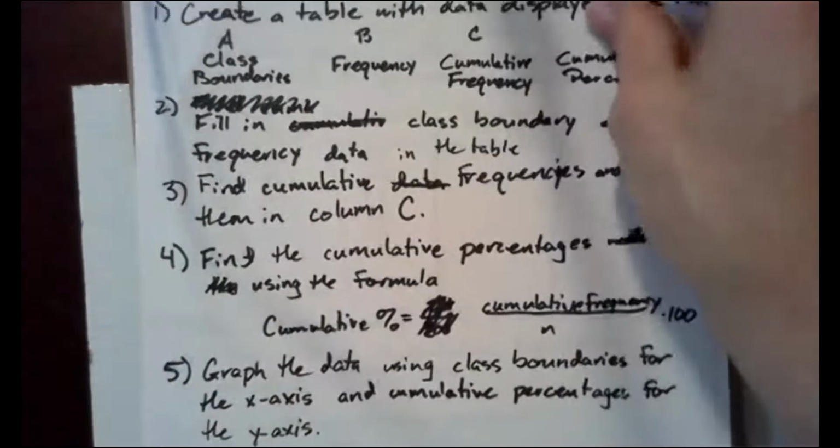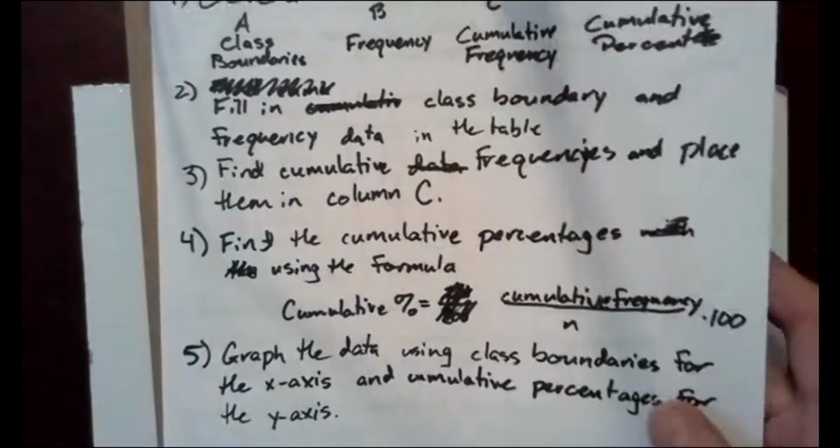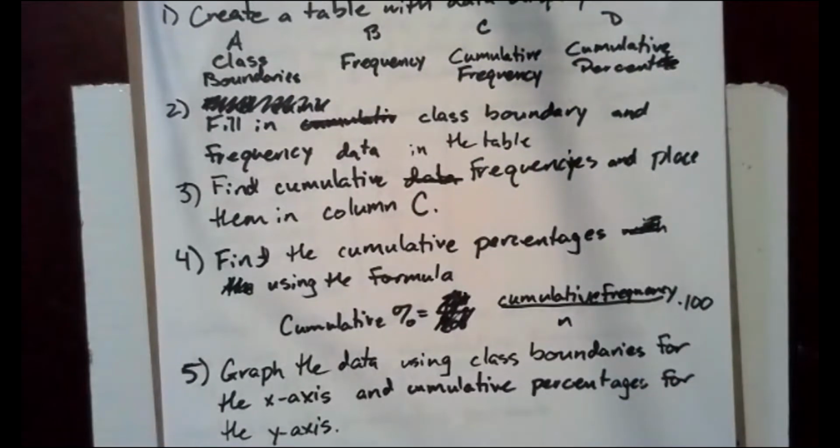To construct a percentile table and graph from raw data, first create a table with data displayed like this. Column A has class boundaries, B has the frequency, C has the cumulative frequency, and D has the cumulative percentage. We fill in the class boundary and frequency data in the table.